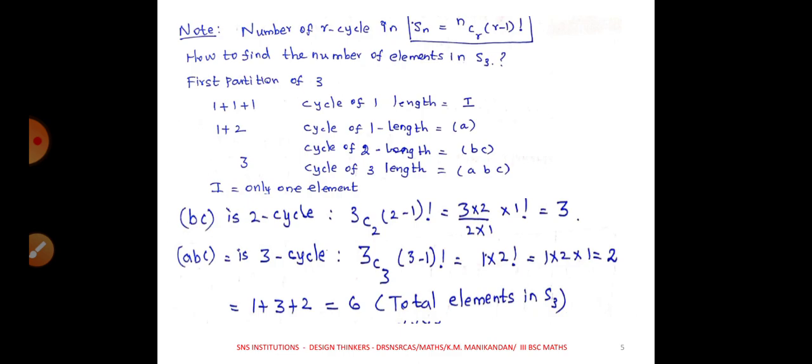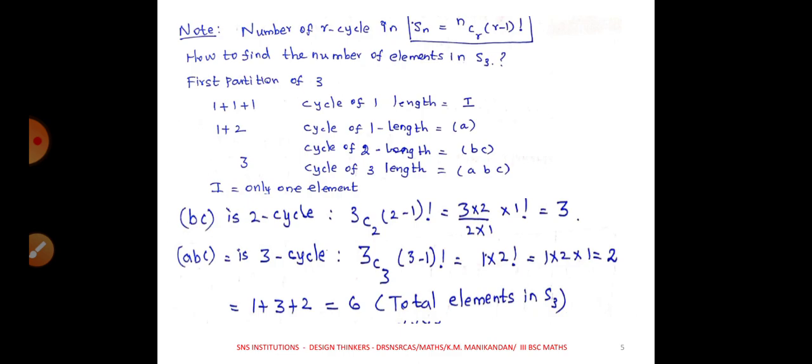But without violating the conditions, we can frame the three partitions 1 plus 1 plus 1, 1 plus 2, and 3. The second term must be greater than or equal to the first term. With this condition we are following the partition.